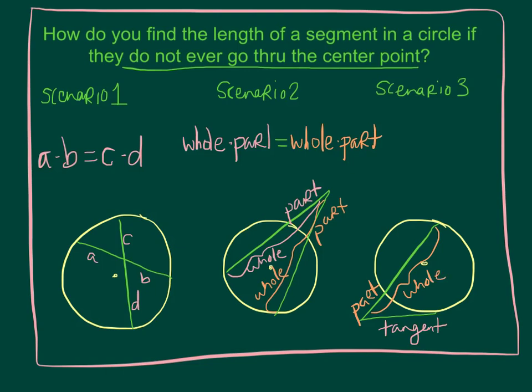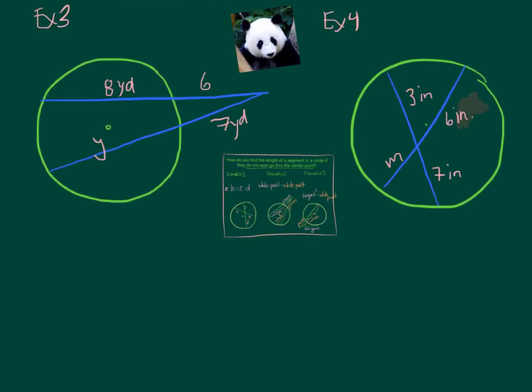The relationship for this one is that the tangent squared is equal to the whole times the part. I'm sorry, mine doesn't fit in there. I hope you can squeeze that in. So these are the three relationships. Depending on what you see inside of your circle, you're going to use one of these three relationships.